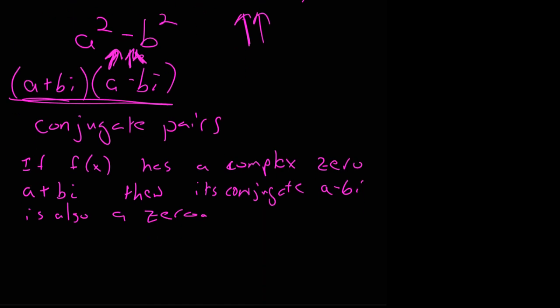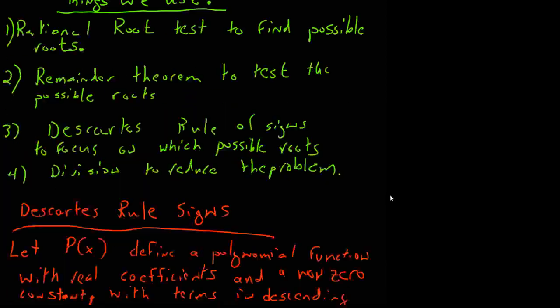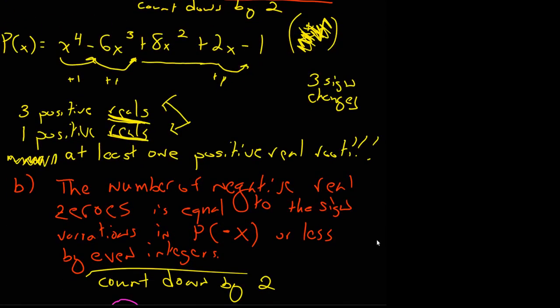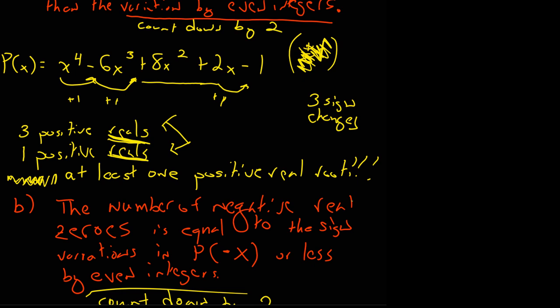We can start keeping track of solutions. So I'm going to use the one we used down here, which was x to the fourth minus 6x cubed plus 8x squared plus 2x minus 1. I'm going to bring that up there, and I'm going to put the fundamental theorem of algebra on top of the conjugate pair theorem, on top of Descartes' rule of signs, and we're going to look at everything we might see as possible solutions to help us keep track of what might be happening with this.